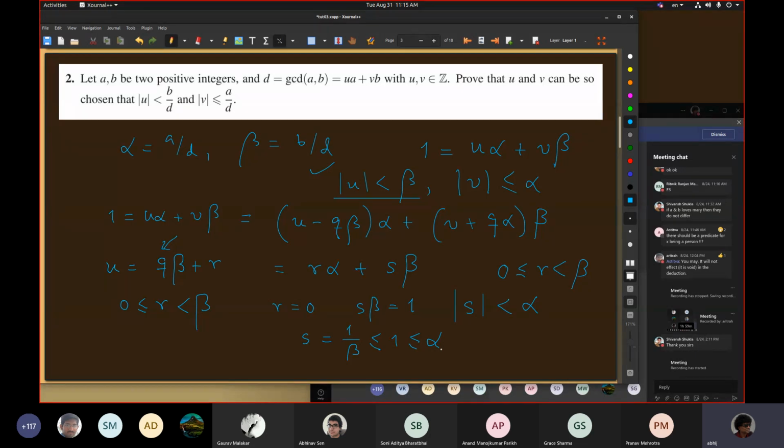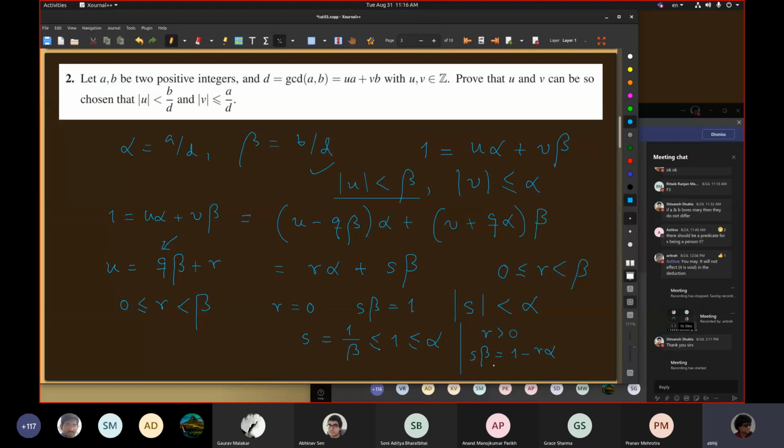And if R is positive, then what do I have? Will you work it out? It's fairly straightforward. If R is positive, then what is S beta? 1 minus R alpha.